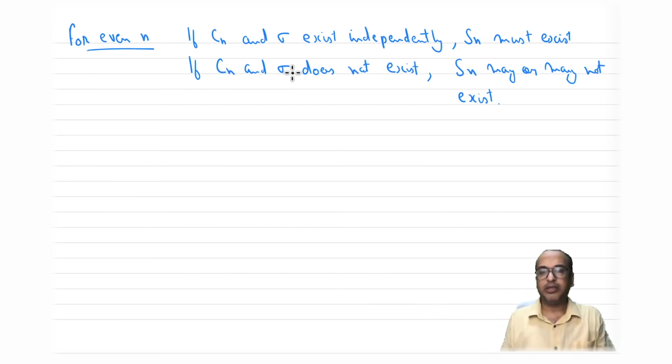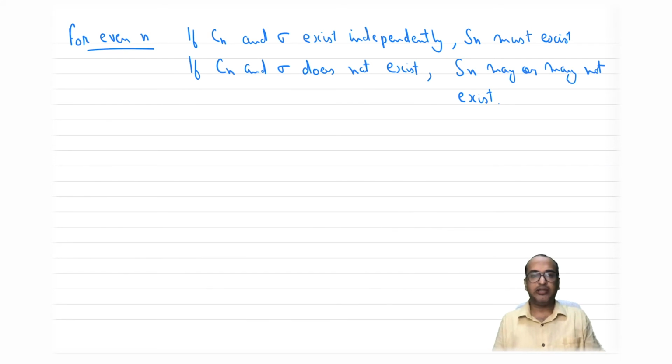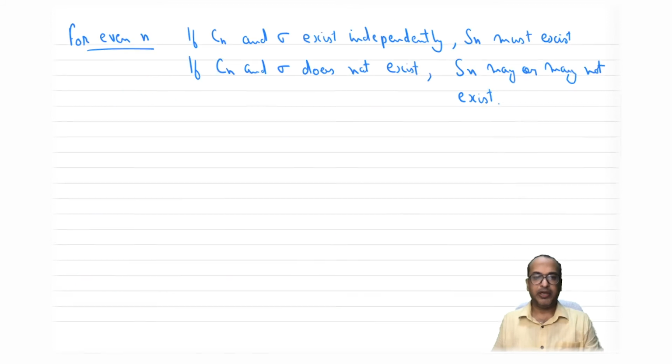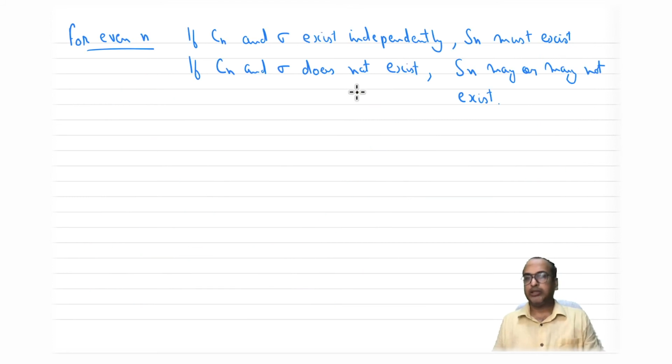We have seen this example: in this particular case, neither C6 nor sigma was present, but still S6 was present, right? So if they do not exist, Sn may or may not exist. You actually have to test it out by doing the operations. But if they exist independently, you can safely say that Sn must exist.